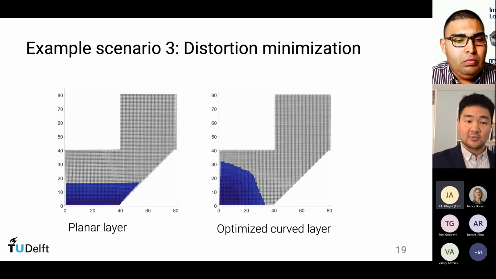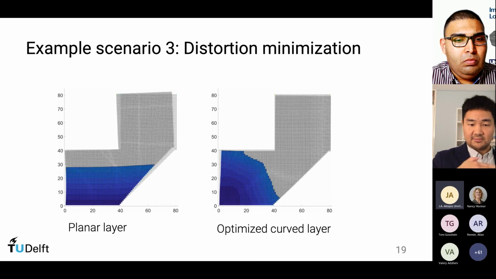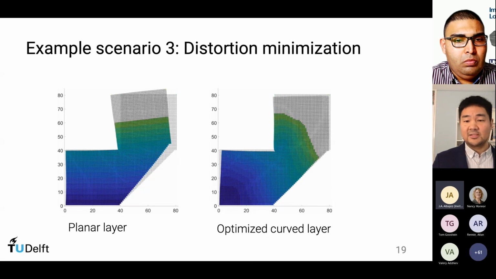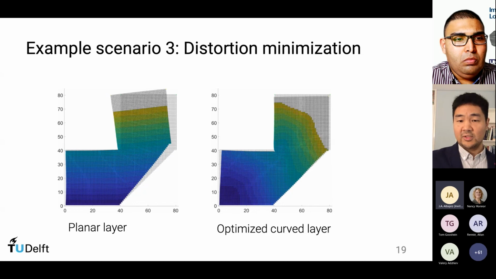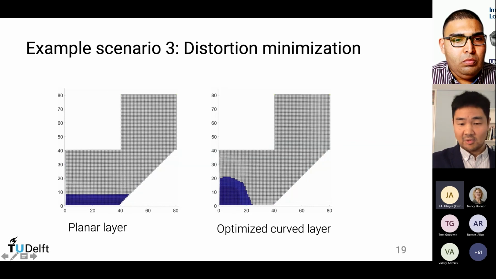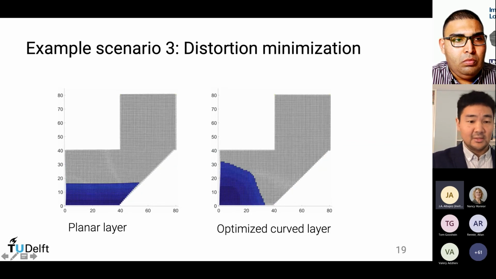This animation shows how big the difference can be when the displacement on the top edge is concerned, if we fabricate with typical planar layers on the left side or with optimized curved layers on the right-hand side. I will let it run again.